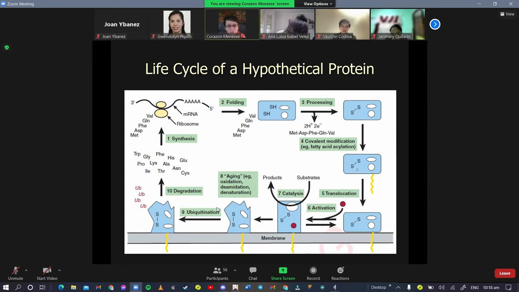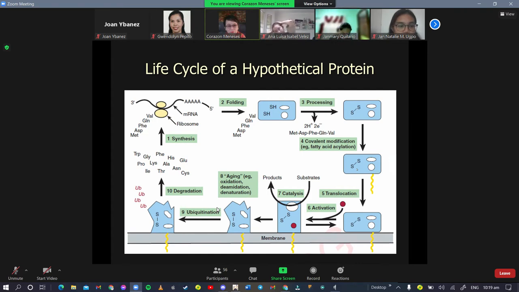So this picture is telling you that the protein that has been degraded to its component amino acids can become a substrate for translation to form another protein. And that is the life cycle of the cell protein.